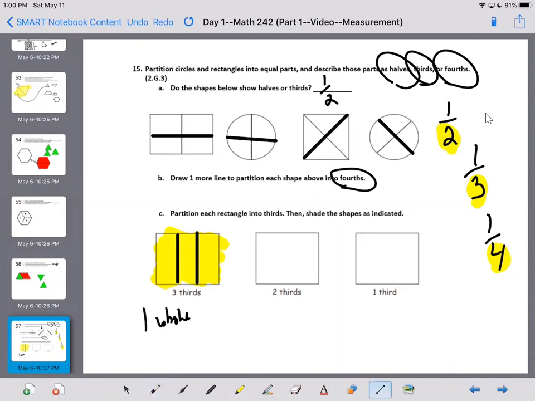Here I want to continue with 2/3. 2/3 would be 2 of these. And I know that's not exactly right, I need to move that a little bit. And then 1/3. So that would represent my 1/3. So you're just subdividing the rectangle into the parts, and then you're shading accordingly.